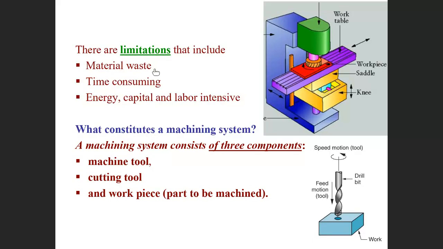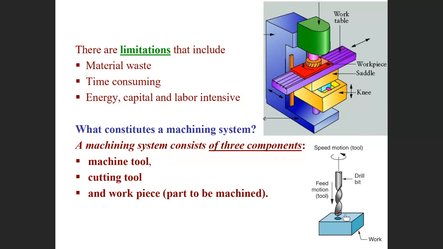Compared with other processes, the biggest waste of material is in machining, because in metal forming there is no waste, in metal casting no waste, in powder technology no waste. It is also time consuming, because it takes time to do machining. Energy consumption is also high, because big energy is consumed in the machining process.